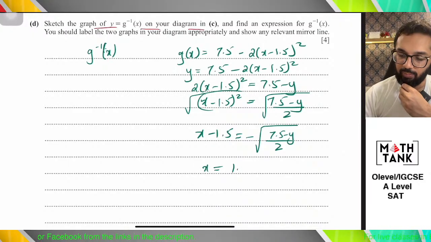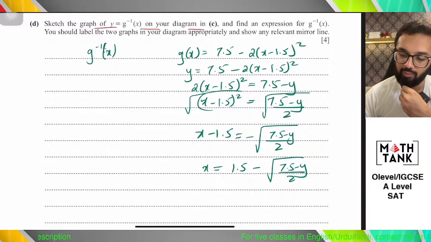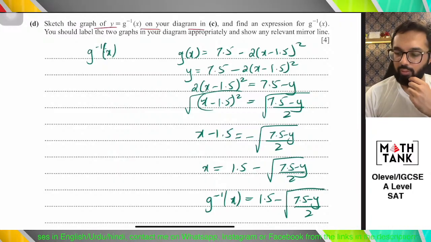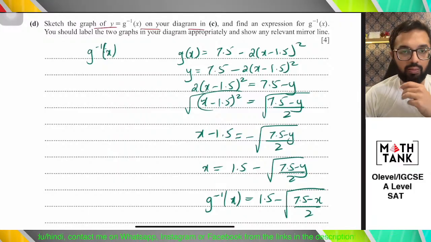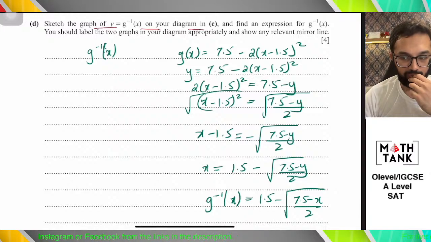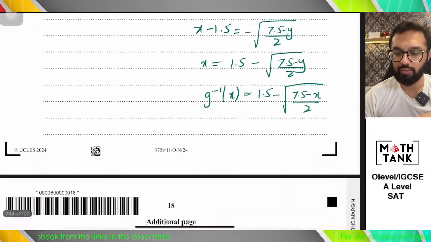So 1.5 minus the root of 7.5 minus y over 2. I'm going to write an x there. Yep, that is the correct answer.